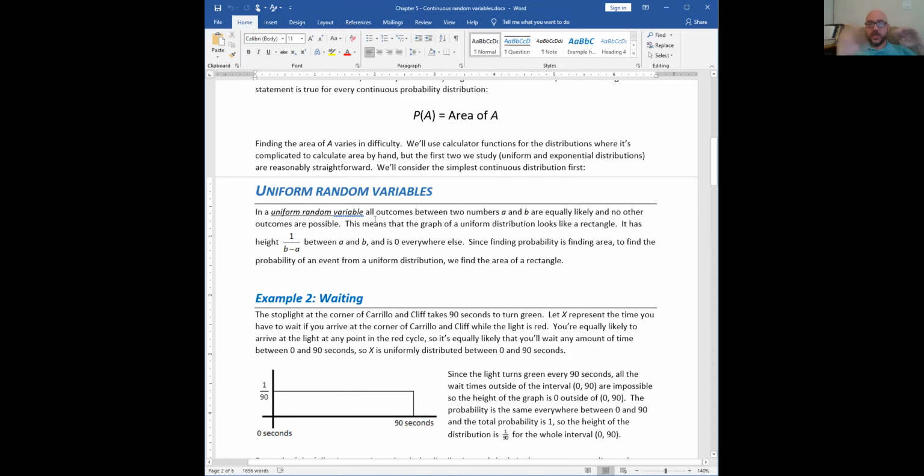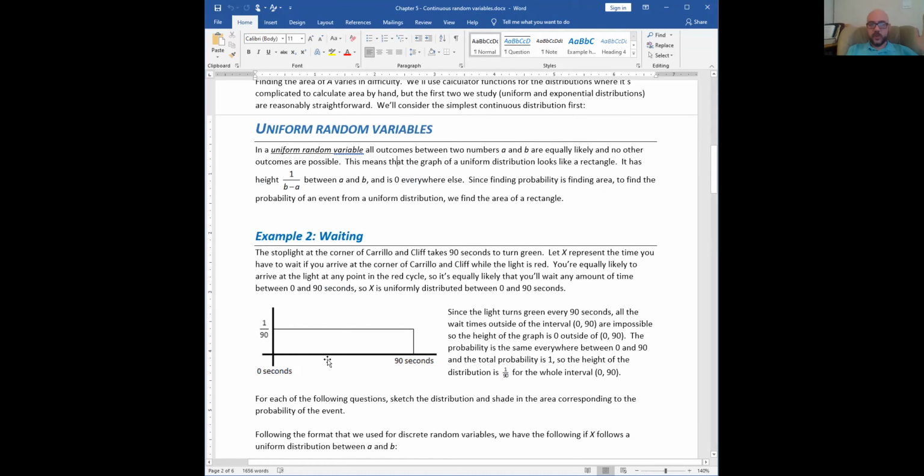Continuous random variables have everything in a range. So there's not a finite number of outcomes. There's always an infinite number of outcomes, because we're thinking about every number between, like in this first example, 0 and 90 seconds, including all the fractions and decimals.